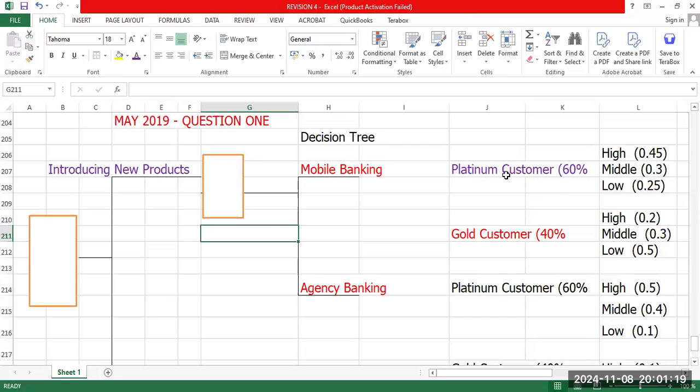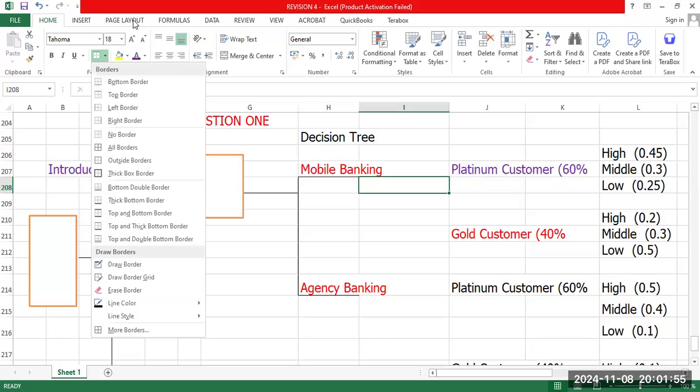The next is to present platinum, customer, and gold. Remember, these are states of nature, which must start from a circle. So what I will do is to put here my circle.